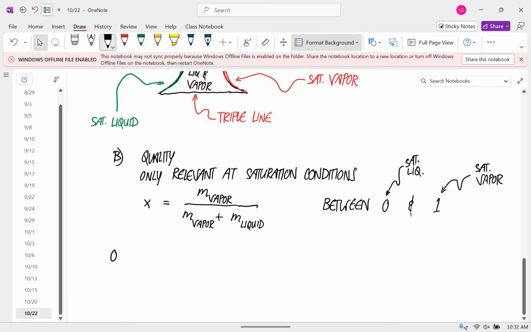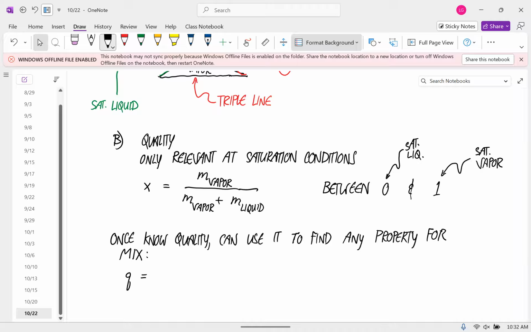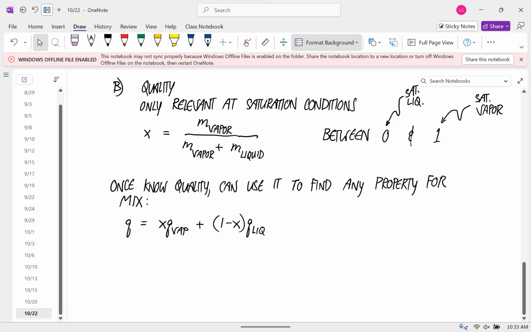Once you know the quality, you can use it to find any property for the mixture, using the formula Q is equal to the quality times Q for the saturated vapor plus the quantity 1 minus quality times the property for the saturated liquid. So this is where this Q represents any property.